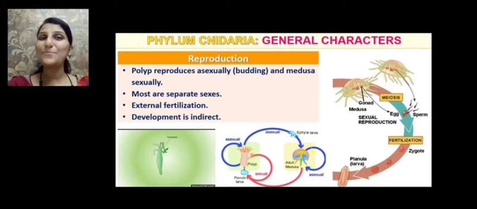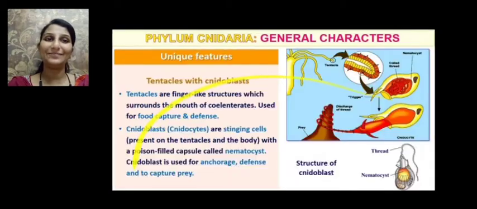And the medusa is umbrella-like and free swimming, and it is a sexual form which undergoes sexual reproduction to form a polyp. And the sexes are separate. That means they are not hermaphrodite. They are seen in separate organisms. And fertilization is external, which takes place in the external medium. And development is indirect. That means they have a larval stage in their life cycle.